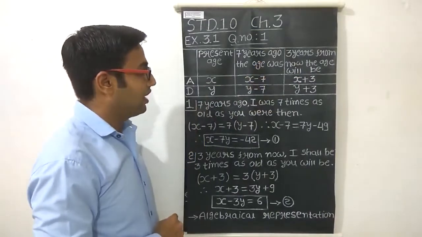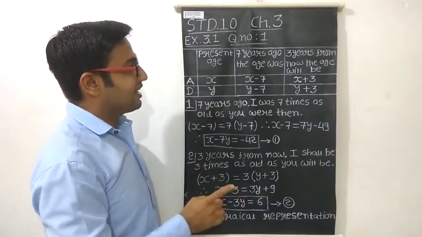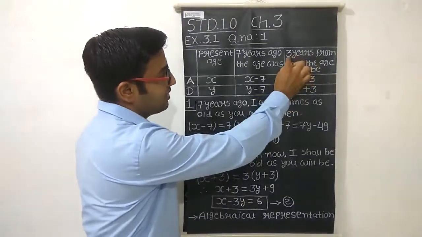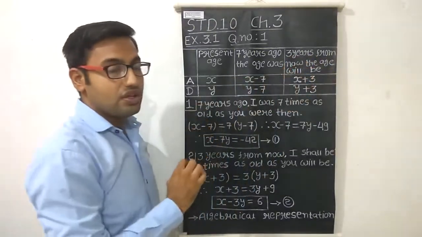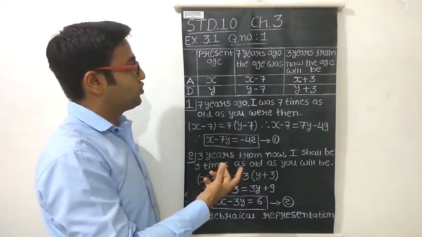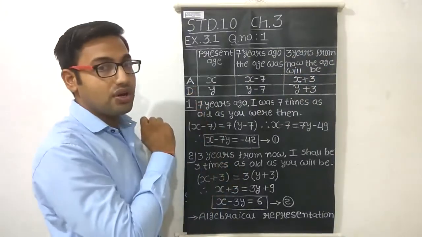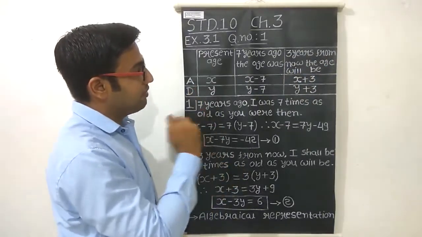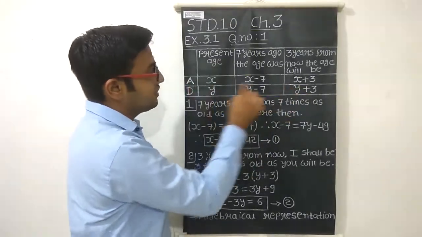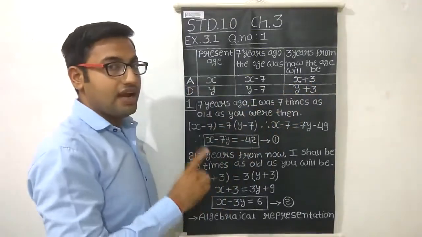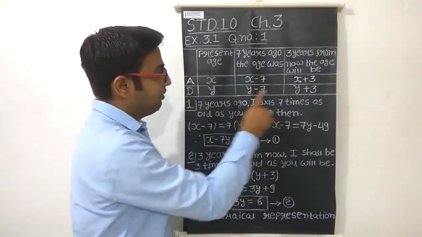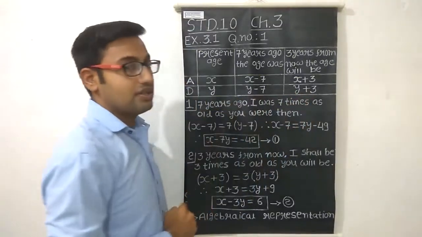In the same way, the second situation given in this question is 3 years from now. So what will be the age of both Aftab and his daughter? Aftab's age will be x plus 3 and his daughter's age will be y plus 3.